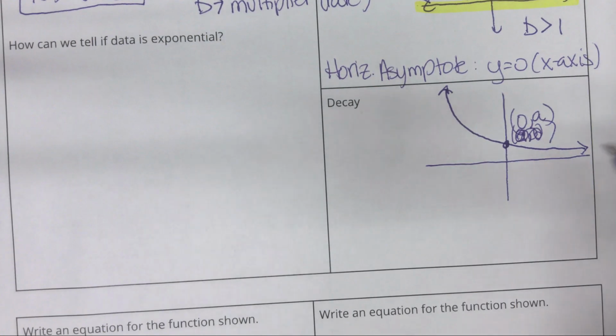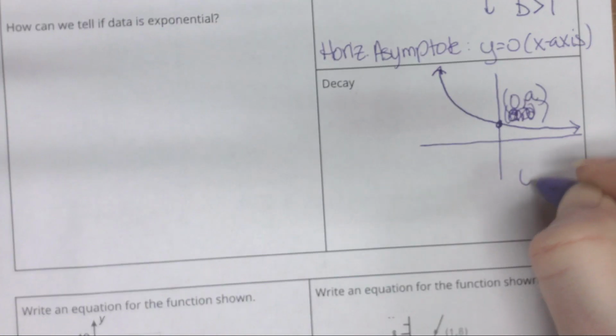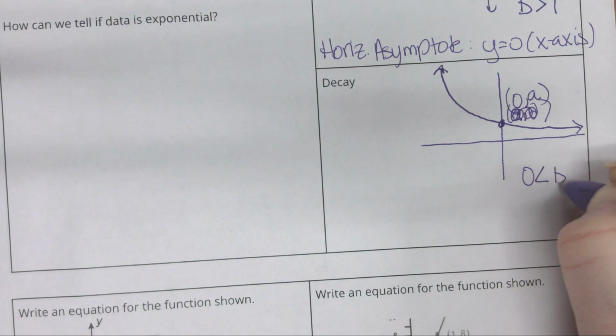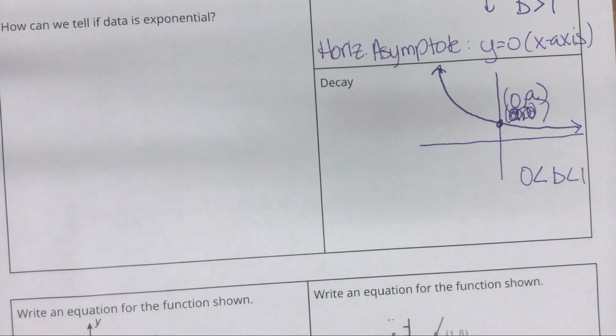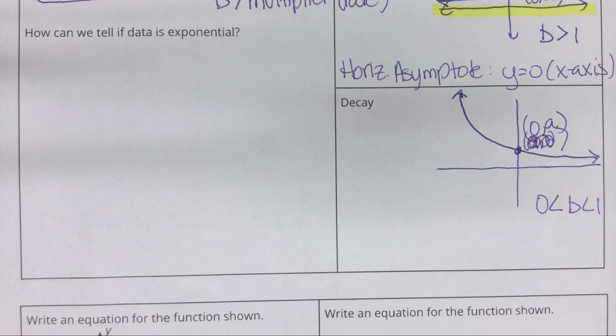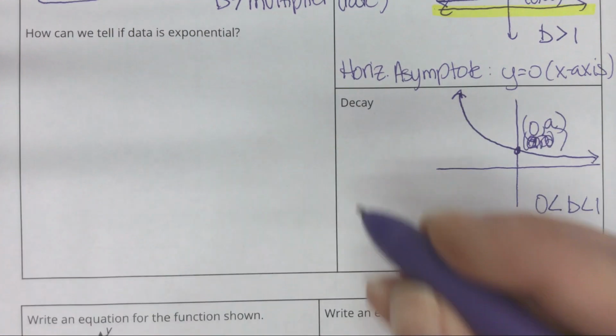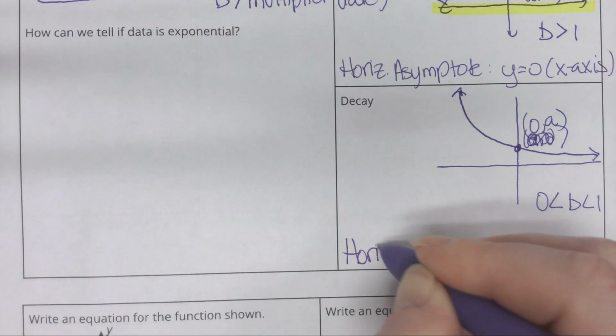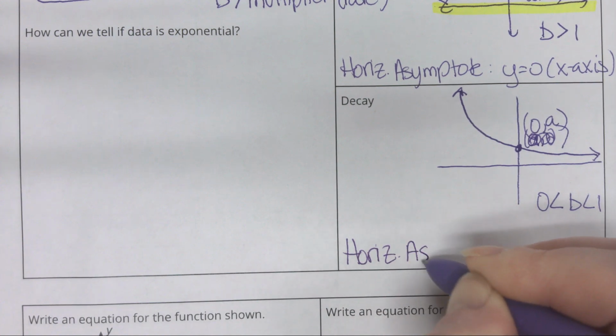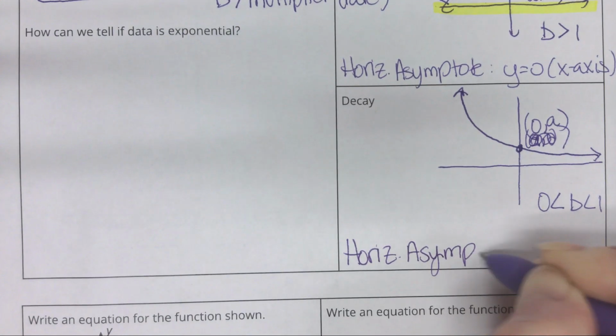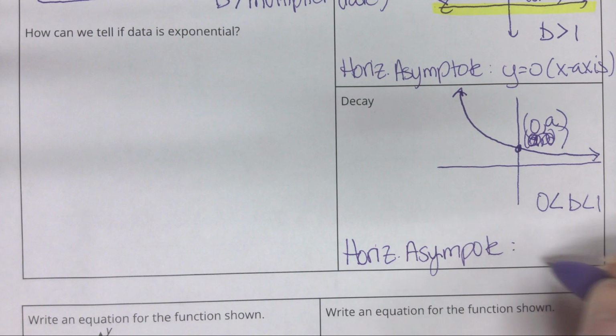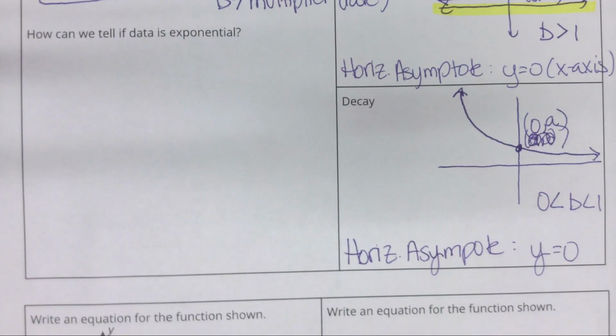So we're going to say that b is a value between 0 and 1 in order to be a decay situation. This also has a horizontal asymptote of y equals 0, or the x-axis.